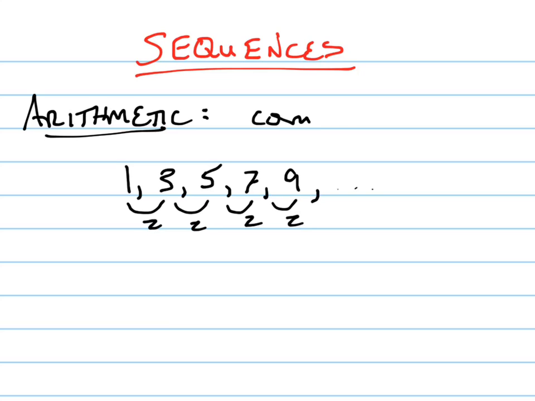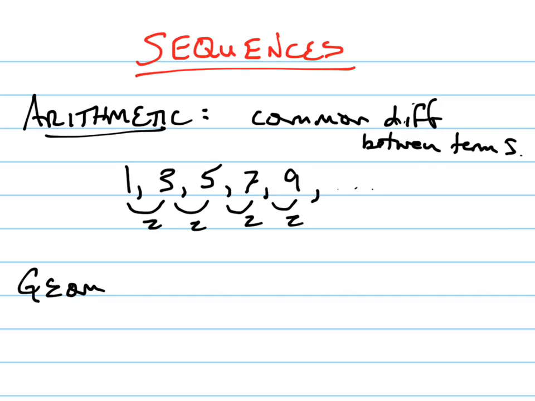So arithmetic, you think of a common difference between consecutive terms, or you could say terms as well, but there's a common difference. Geometric sequences have a common ratio between terms.